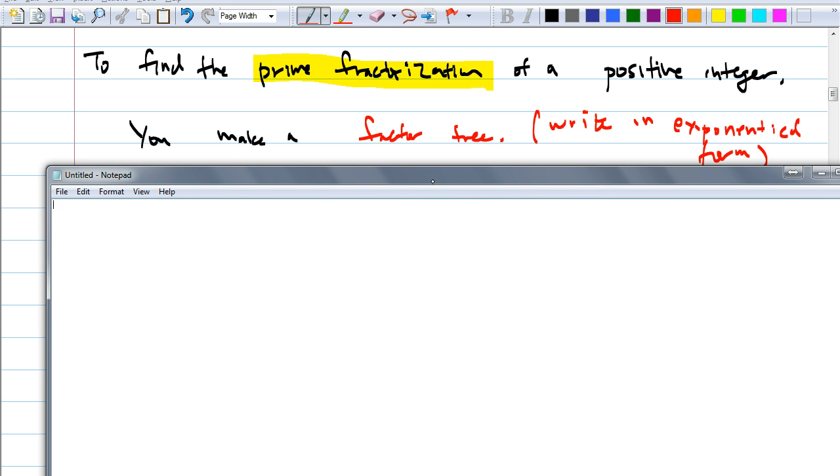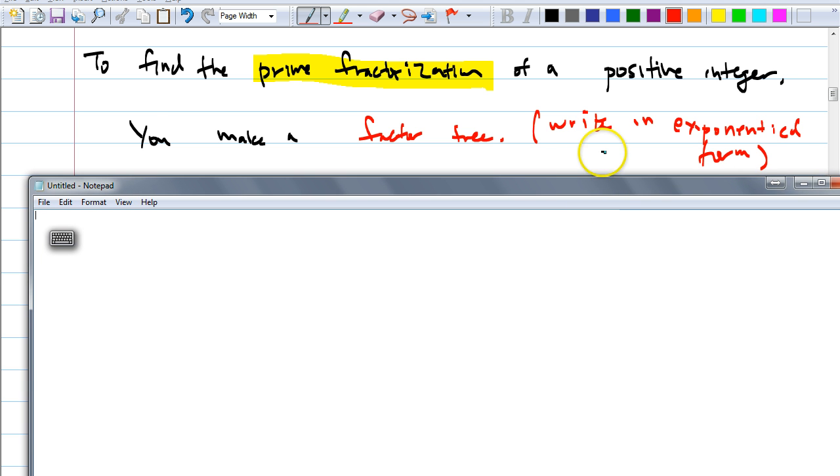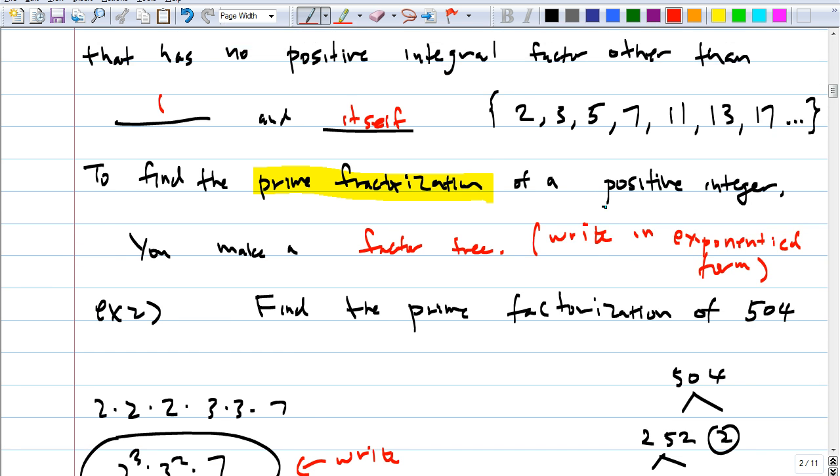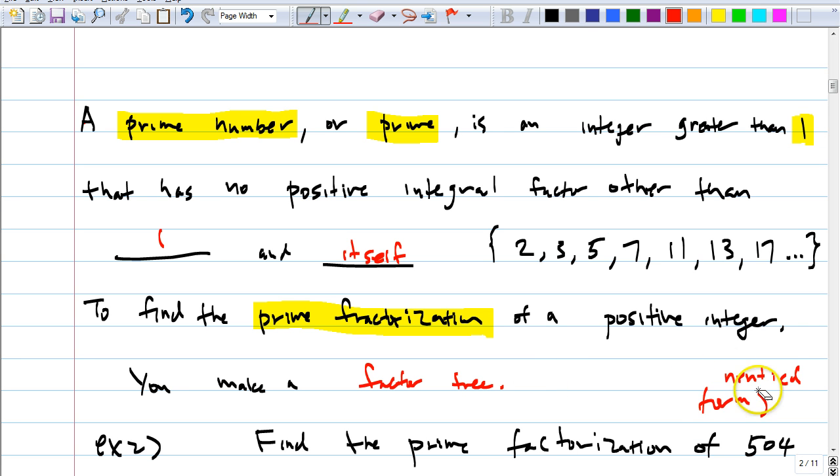When they ask you to do a prime factorization of a number, you do a factor tree. And this is important. When you do a factor tree, when do you stop?